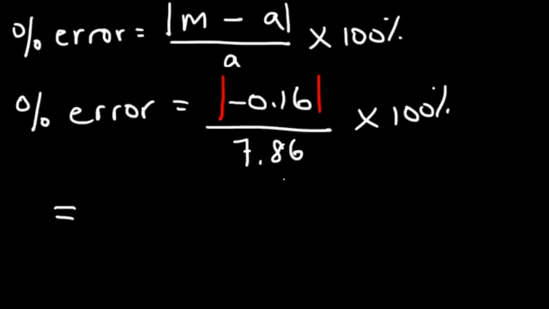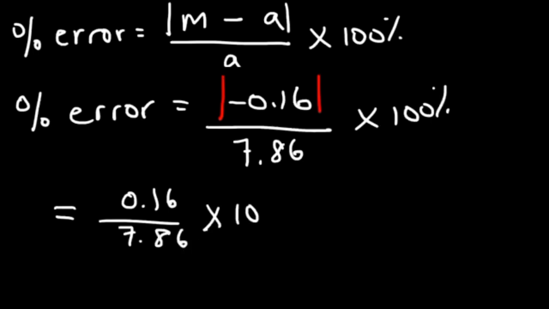So the absolute value of negative 0.16 is going to be positive 0.16. So in the calculator, type this in: 0.16 divided by 7.86 times 100%.